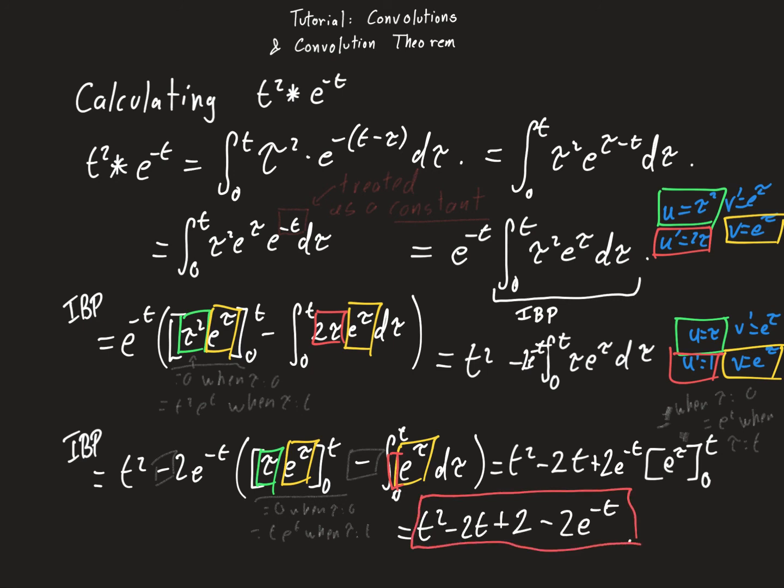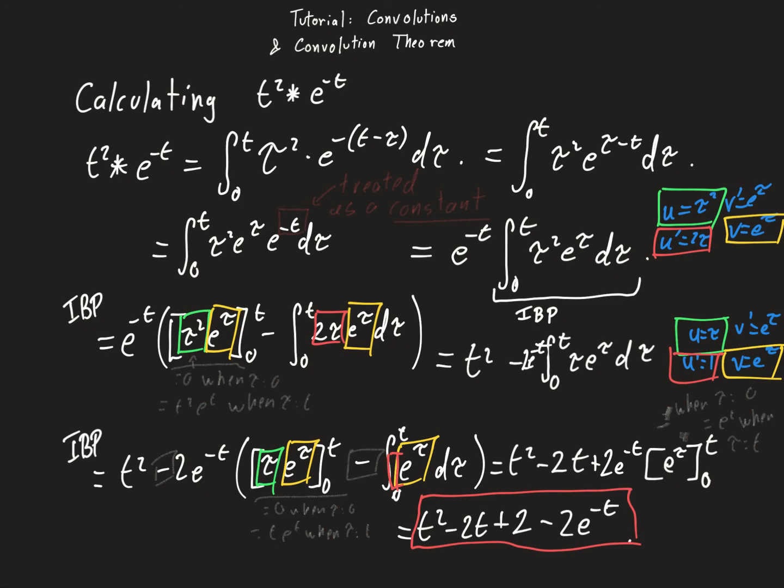So, the moral of the story is, these convolutions are really just integrals. That doesn't mean that they're easy integrals to do, but they are just integrals, and you should be relatively familiar with how to calculate these by now. The only real pointers I have to give you when it comes to calculating these is, first off, remember that inside this integral, your variable t counts as a constant for the purposes of the integration.